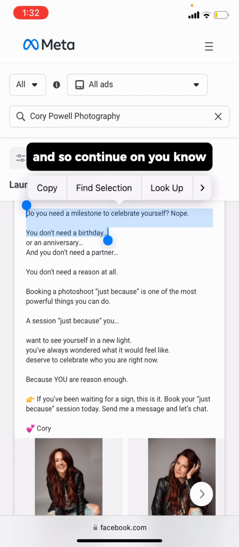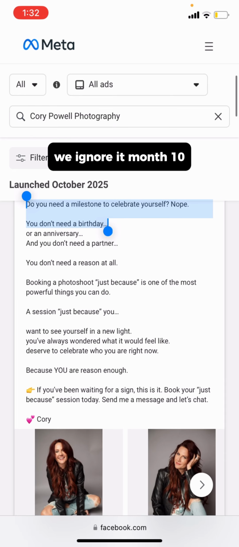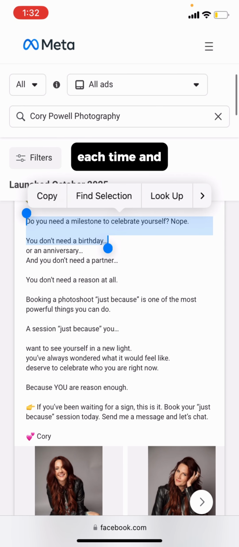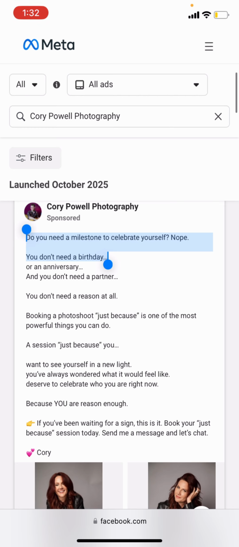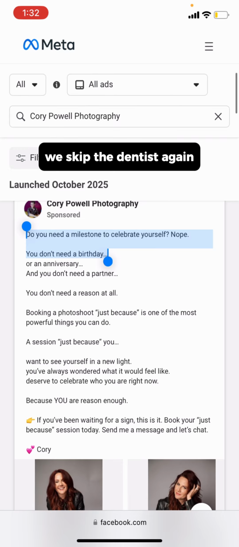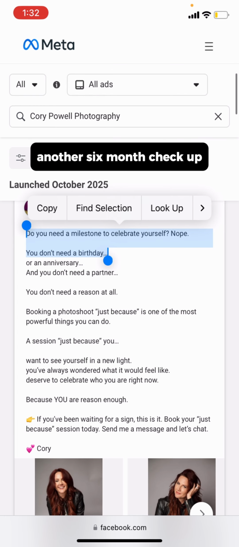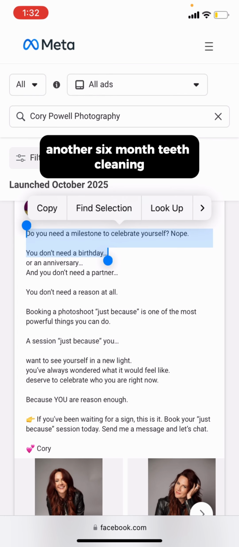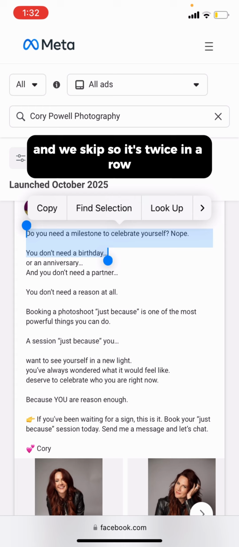And so we continue on, month 8, we get a call, we ignore it. Month 10, month 12, we get a text again each time. And we actually result in, we skip the dentist again. Another 6-month checkup, another 6-month teeth cleaning, and we skip. So it's twice in a row.